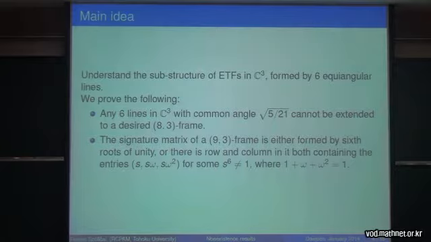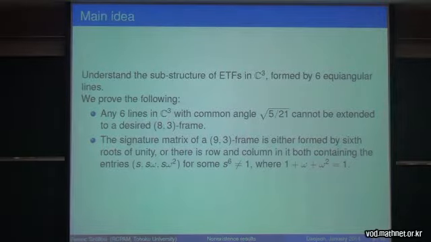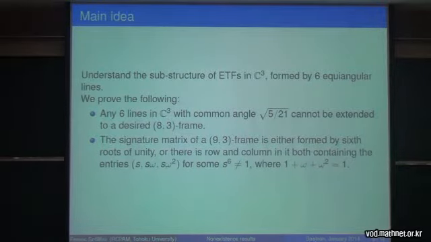And the second result, which concerns the 9-3 frames, is that the gram matrix or the signature matrix of such a frame is either formed by 6th roots of unity. Okay, so there is some scaling such that the diagonal is 1 and the other ones are 1/2, but in essence 6th roots of unity.